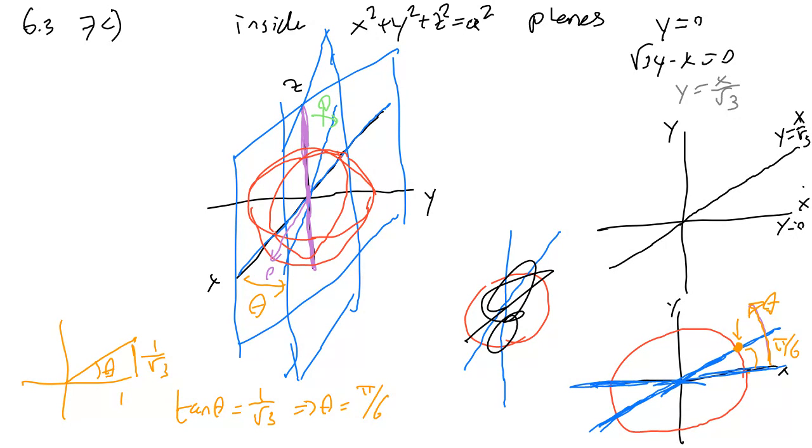That's going to be the upper bound for theta. But I need my slice, so the lower bound for theta is going to be 0, because the positive x-axis is 0, and it goes to pi over 6. So theta is going to be from 0 to pi over 6. Any questions about theta?